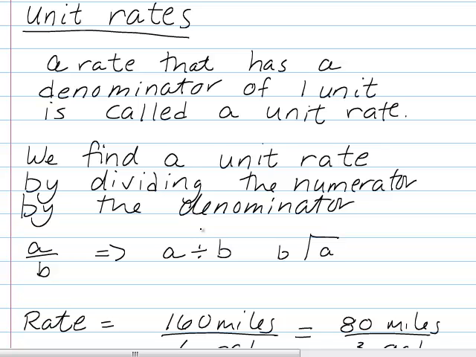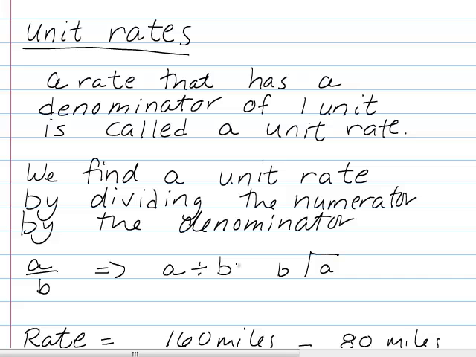So to find a unit rate, we divide the numerator by the denominator. You maybe remember that a fraction, A over B, we know that to mean also division. So A over B is the same as A divided by B, the same words, but just a different written way, and we can use long division to solve that.